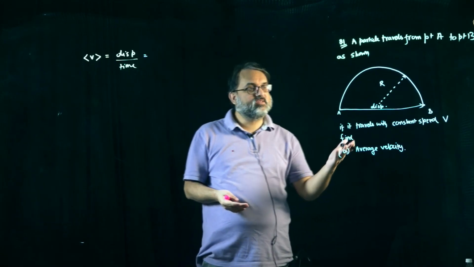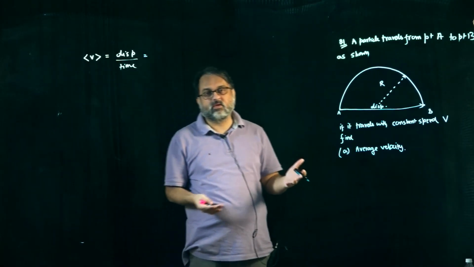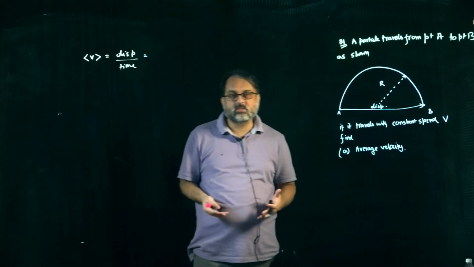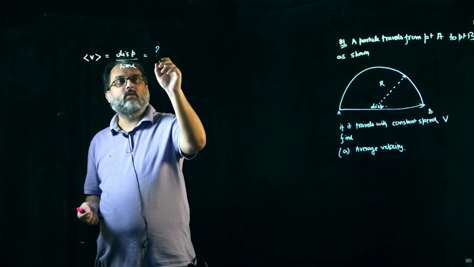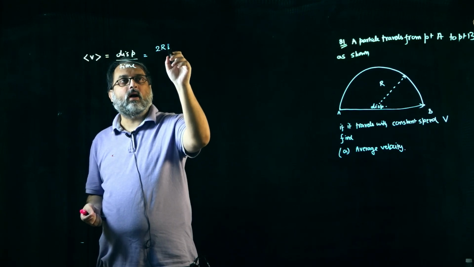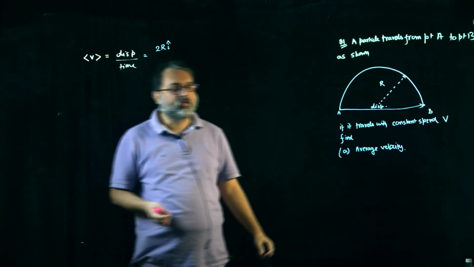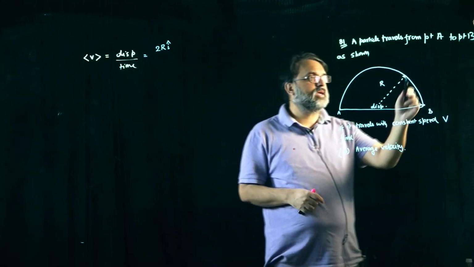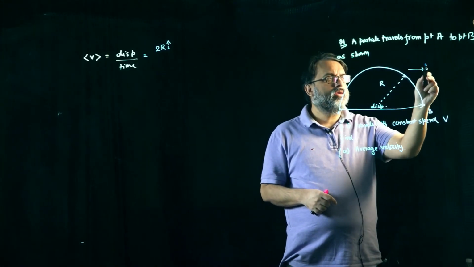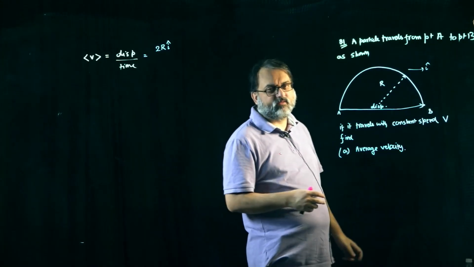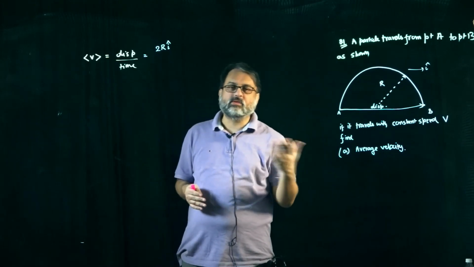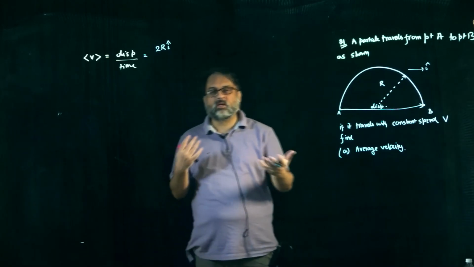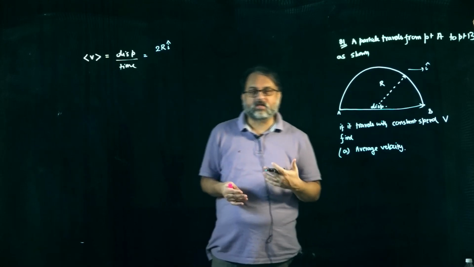So neither displacement is given here nor time is given here, you have to work out both the things. So I have worked out displacement. Displacement is equal to 2r i cap, where I am defining this direction as i cap. You don't have to write i cap, you can write from A to B, you can write towards left, you can write on the positive x-axis, whatever you want to write so that the concept of direction is conveyed.